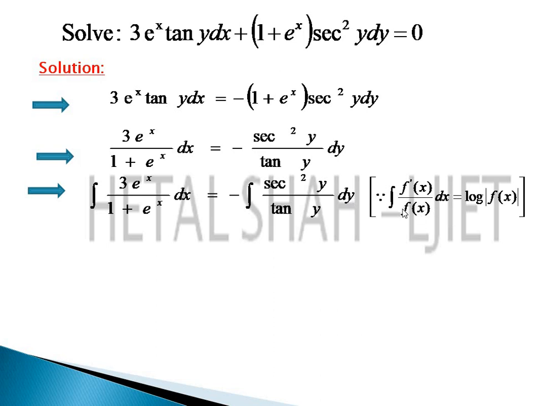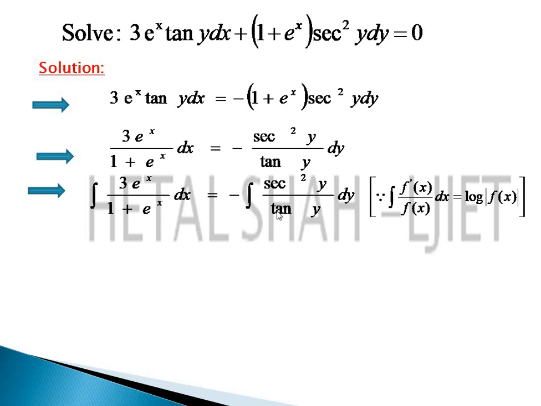If we have a function in the denominator and in the numerator the derivative of that function, then the integration of that term is log of the denominator. The derivative of 1 is 0, but the derivative of e^x is e^x. So we write 3 log of (1 + e^x).